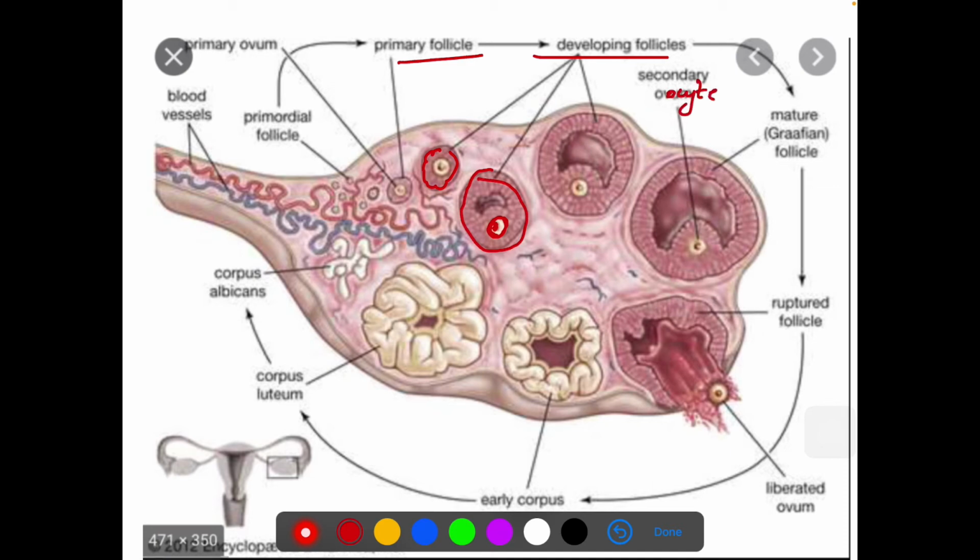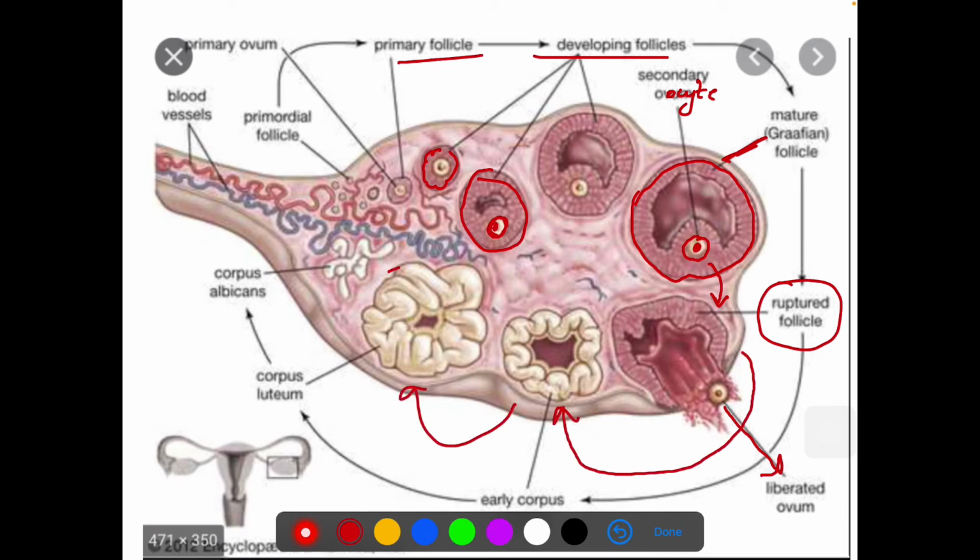Secondary oocyte, this is our ovum, right, which is developing inside this mature Graafian follicle. This is the mature Graafian follicle. Now when this follicle gets ruptured, ovum is released out from the ovary, and this ruptured follicle changes into a structure which is known as corpus luteum.